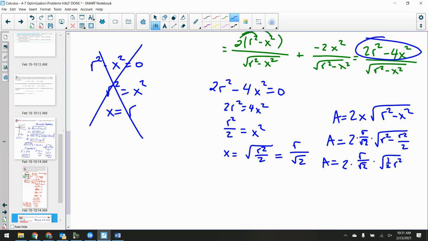I square root that, and look at what I've got. I've got r over radical 2. Square root of 1/2 is like putting it over the radical 2. And I square root r squared, and I just get r.